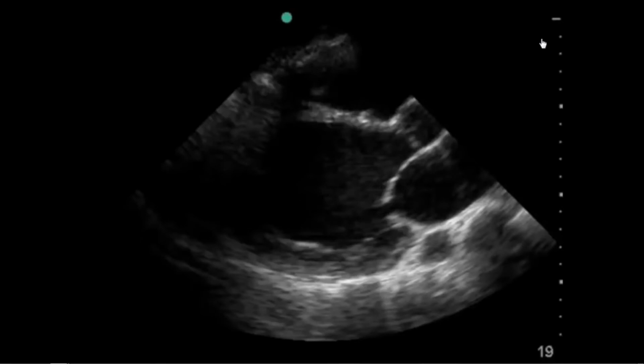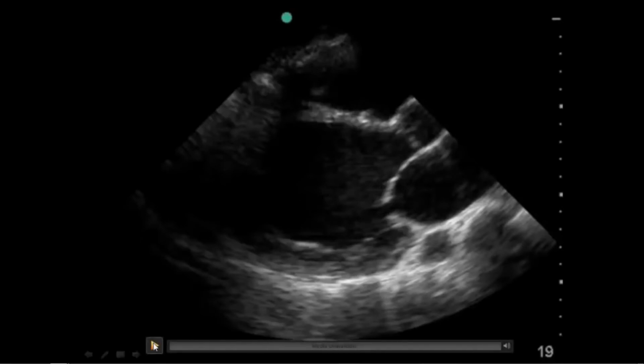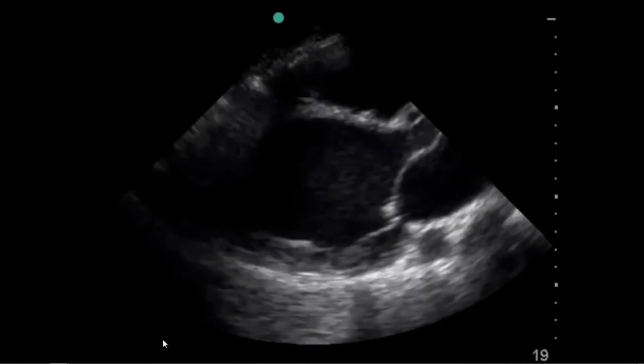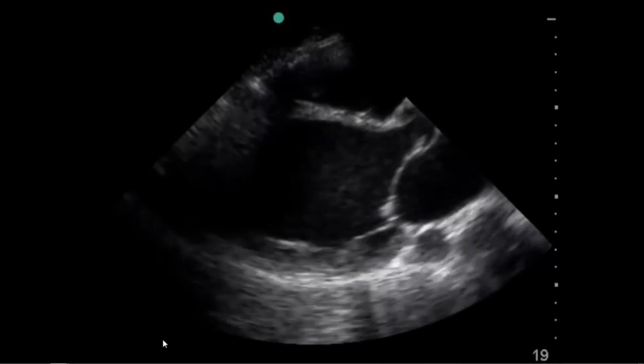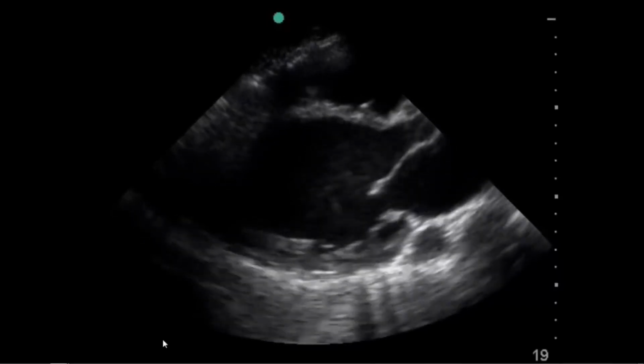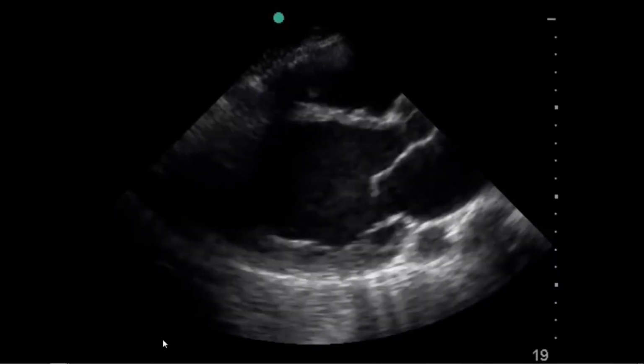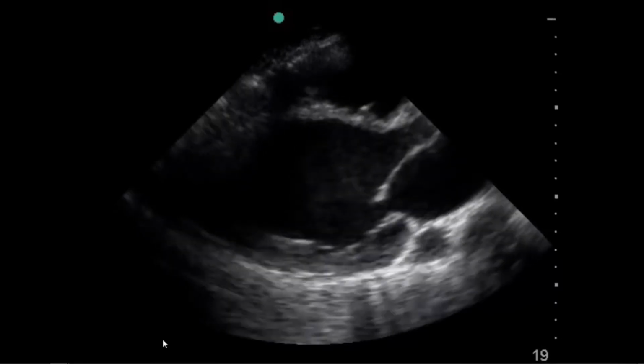So let's look at another couple of examples of cardiac contractility here. So here we're not seeing much motion towards the center of the ventricle. The walls aren't moving very much. You're seeing almost no thickening with the contractions during systole.